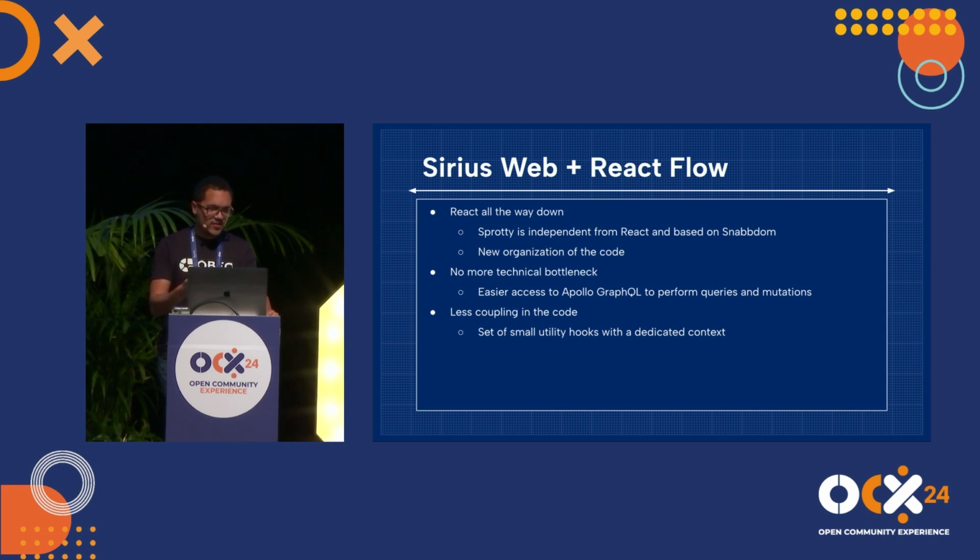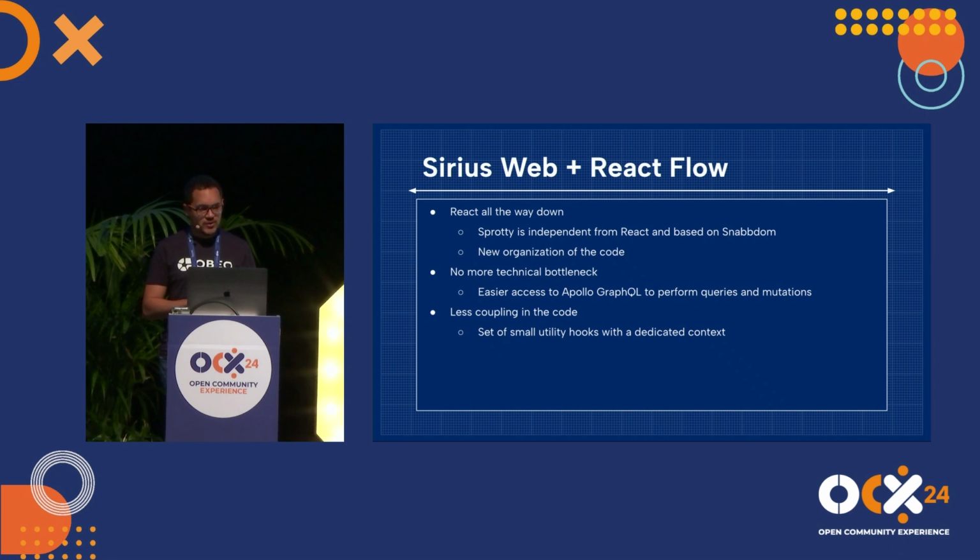So this independence was not really an advantage for us, but it created some issues and some complexity in our build and prevented us from using React code in some parts of the rendering of the diagram, for example, deep down in the nodes or the edges.